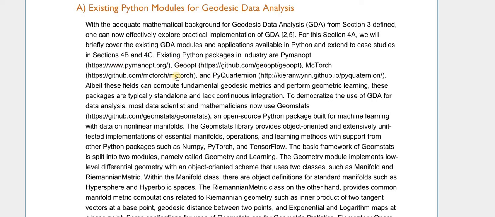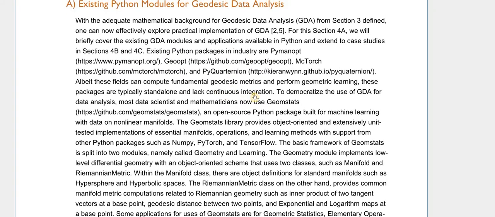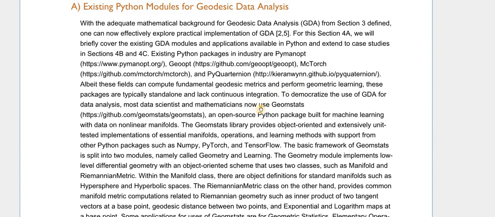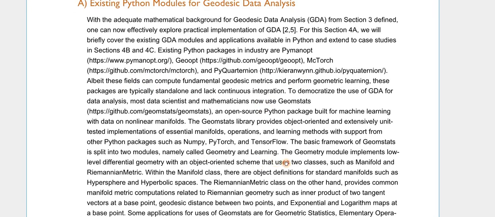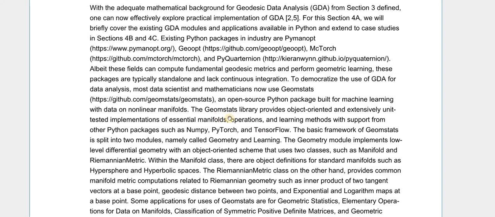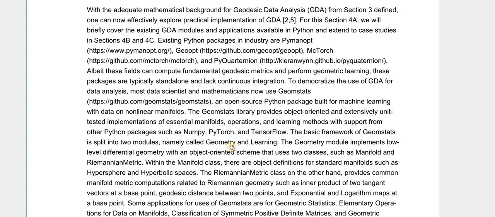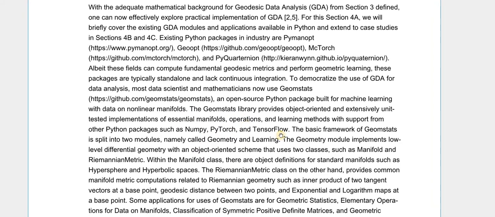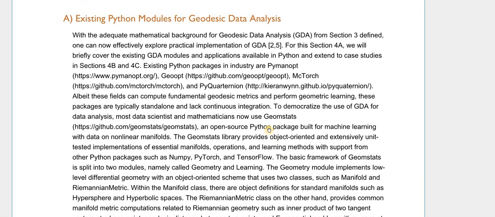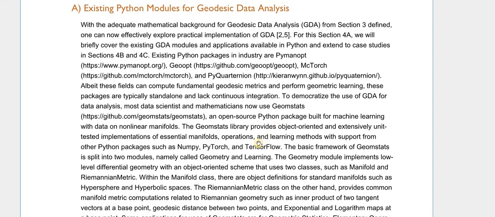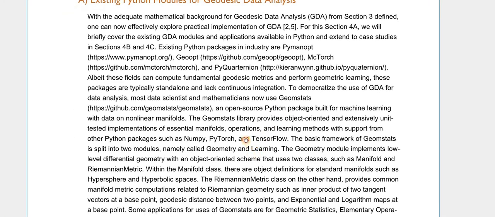I've included the websites here if you have any interest in checking them out. But the one that I'm most interested in is called Geomstats, along with NumPy. I think everyone has learned NumPy for Python, and that is just matrix and vector operations that allow us to really implement what we just talked about with all the geodesic metrics.